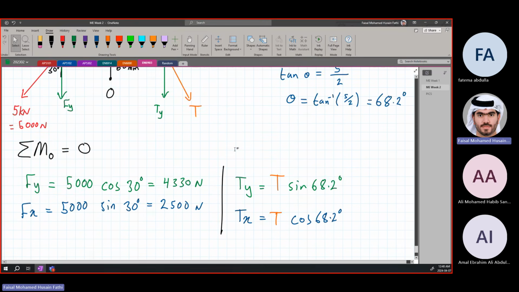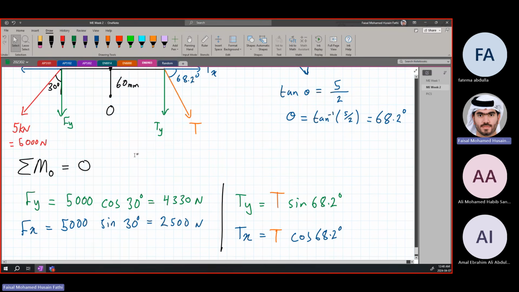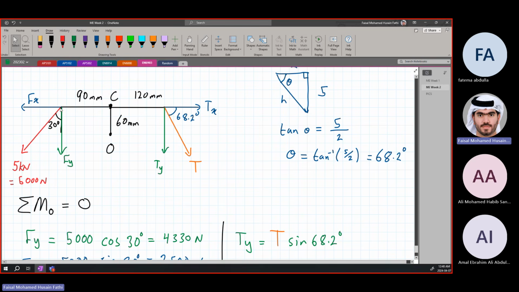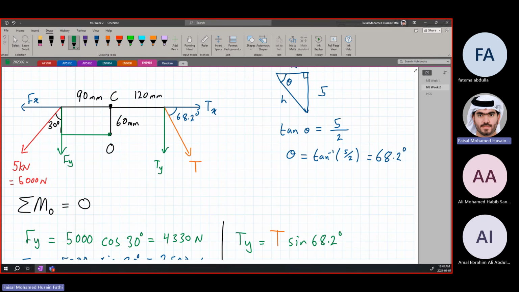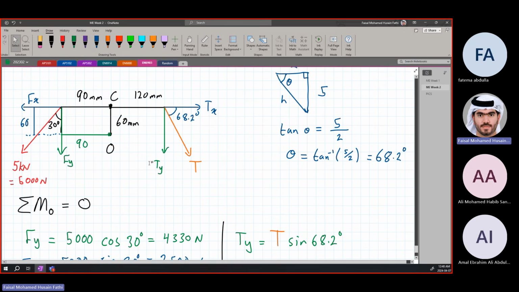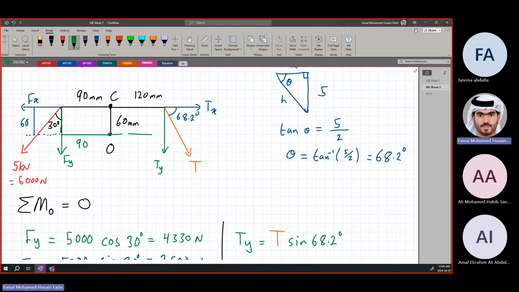Now we have all of this, so we can find the moments. We need to know the perpendicular distance for each. For Fy, the 90 is the perpendicular distance, and remember, we are trying to find the distance from O to the force. And for Fx, if we extend this line a bit more, this is the perpendicular distance, which is equal to 60 millimeters. Same thing on the other side.